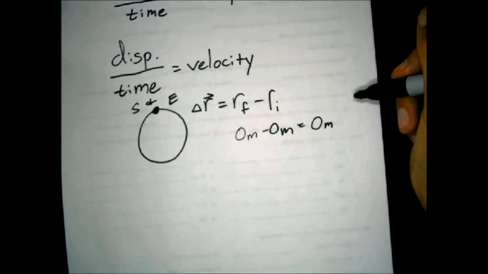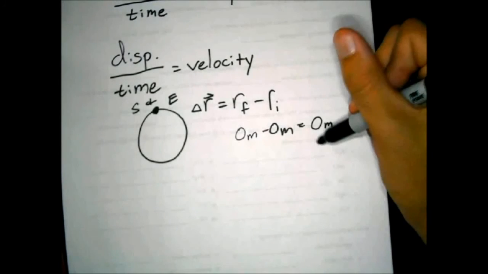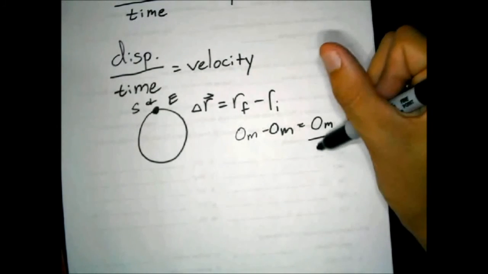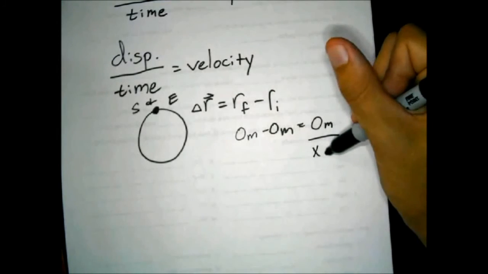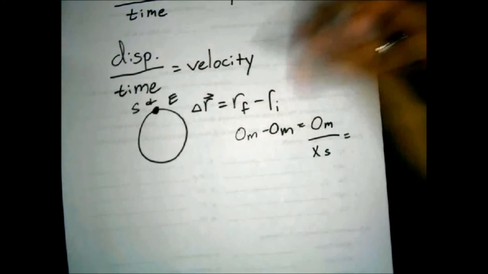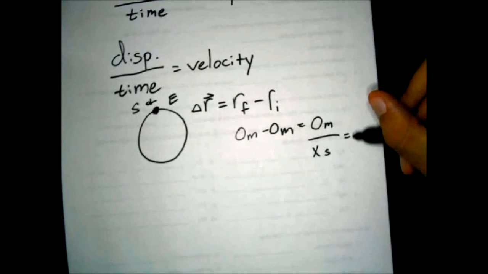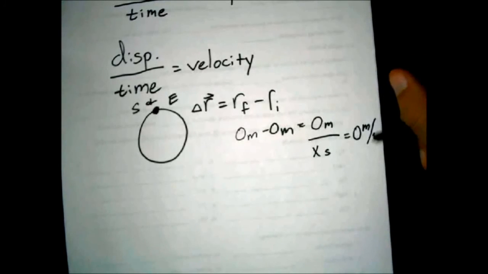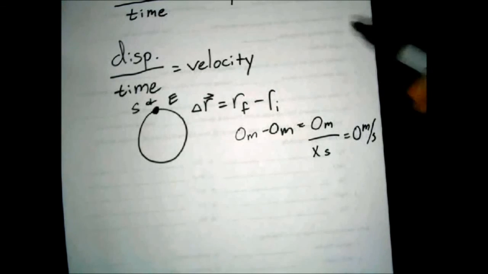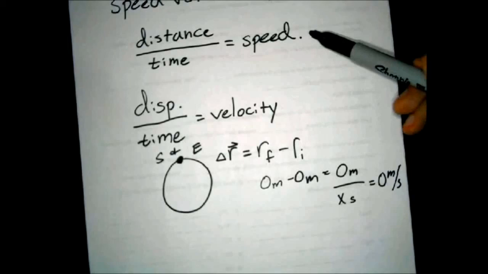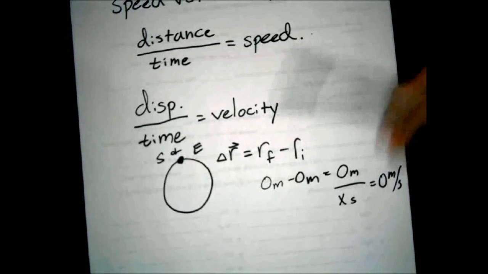Took me some time. But my velocity ultimately is 0 for the entire duration. This is why velocity and speed are two completely different quantities.